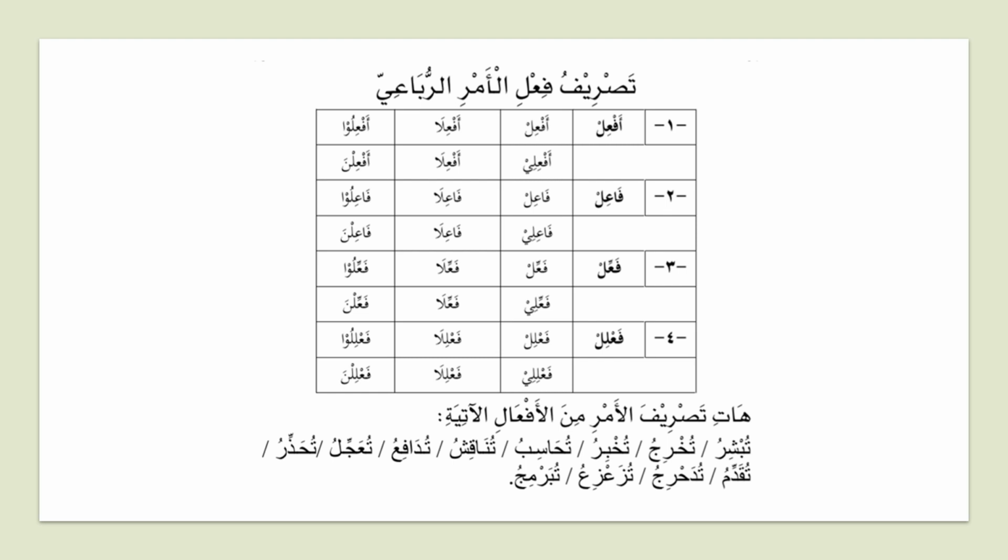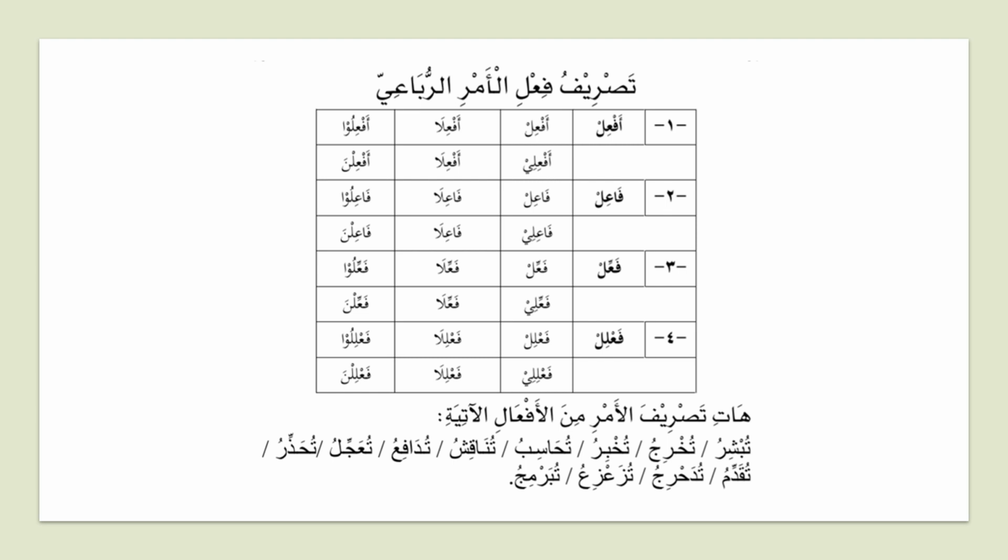Next one, tuhasib, the fourth one. What's the result? Hasib. You've commanded anta, hasib. Then the second one, antuma.